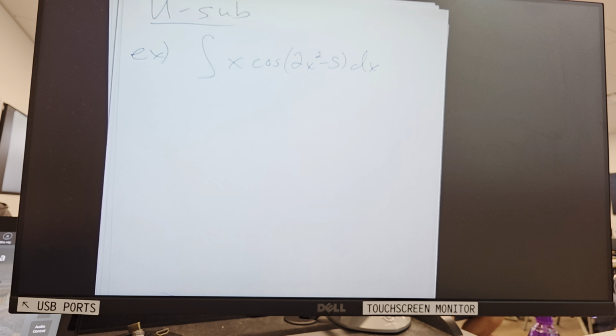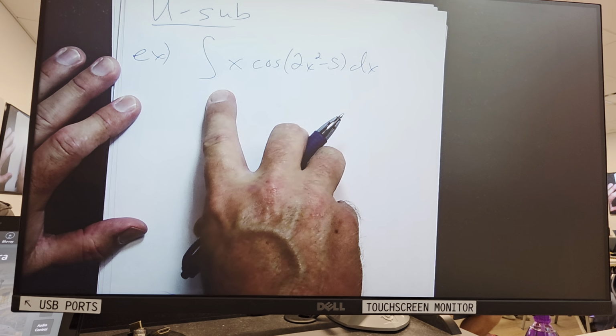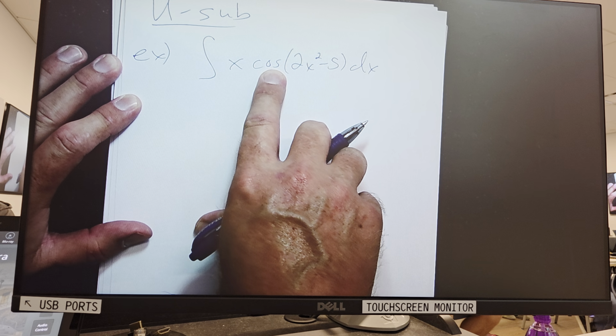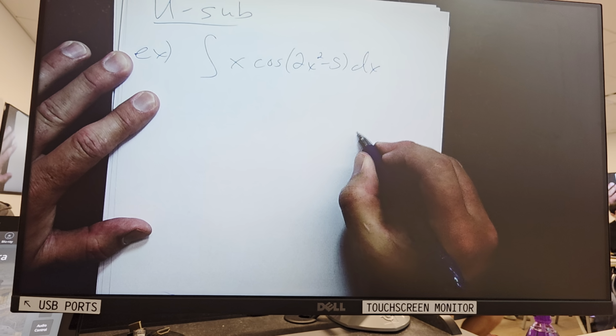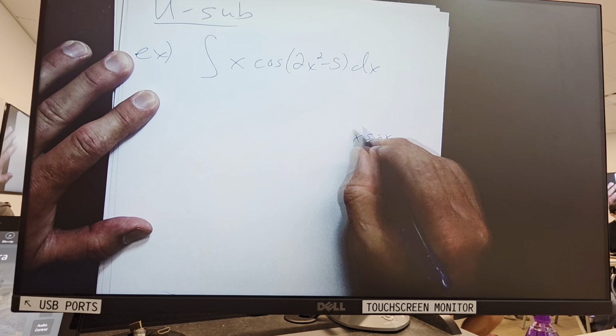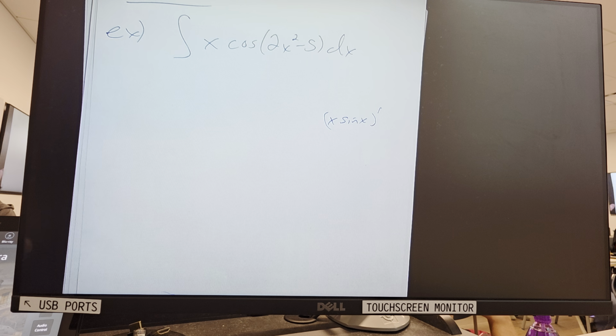So one thing I want to dispel now is that you can't integrate this by integrating this and then integrating that. Can you even differentiate a product? If I had the derivative of x times sine x, is the answer 1 times cosine x?